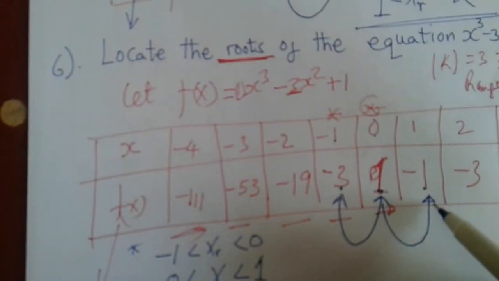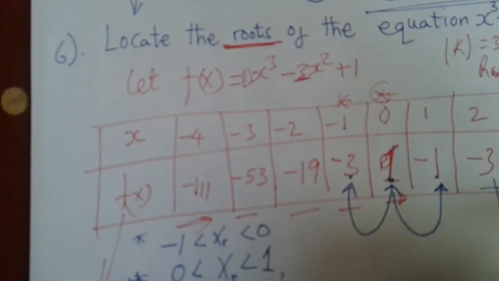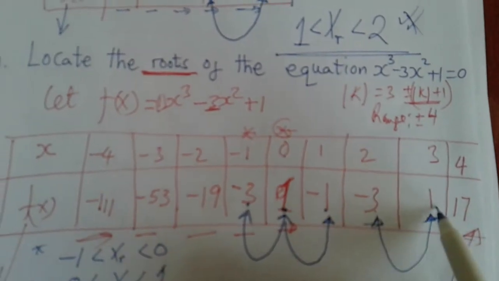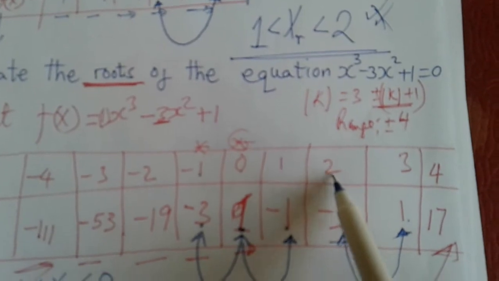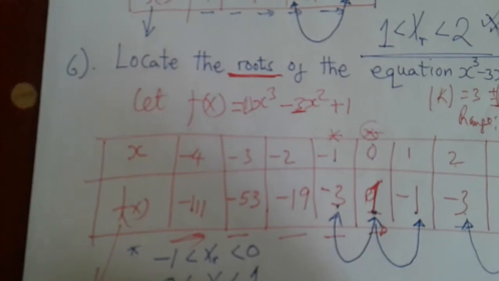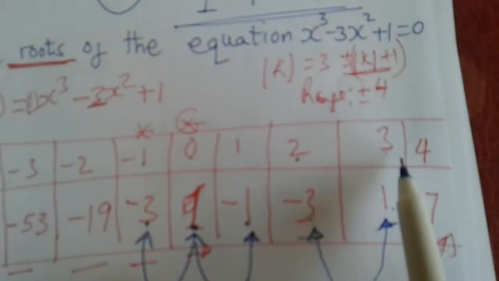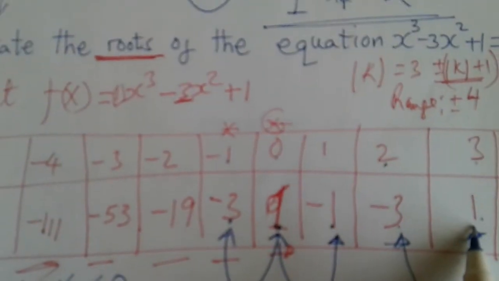Then you can see that still we go from negative into positive, at -3 and 1, and that means the third range would be between 2 and 3. So we shall have the third range between 2 and 3, since f of x changes sign between 2 and 3, because at 2 it is -3 and at 3 it is 1.